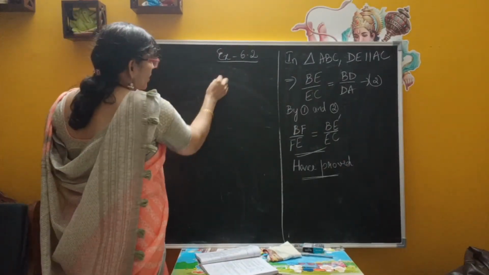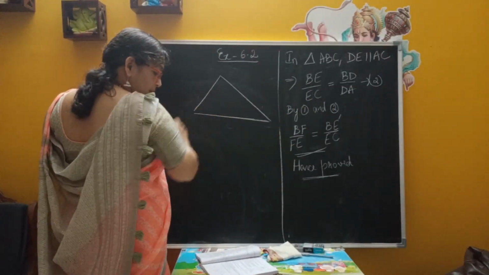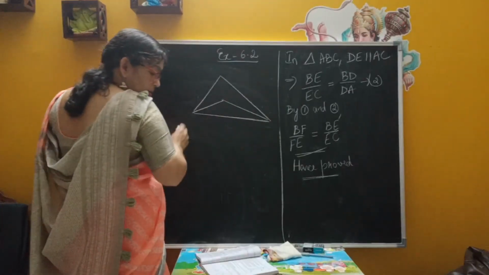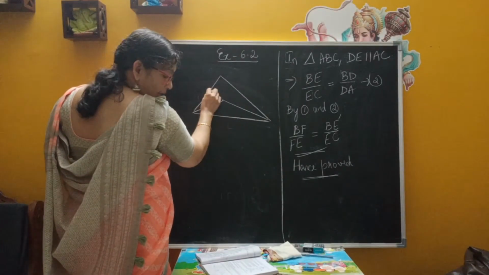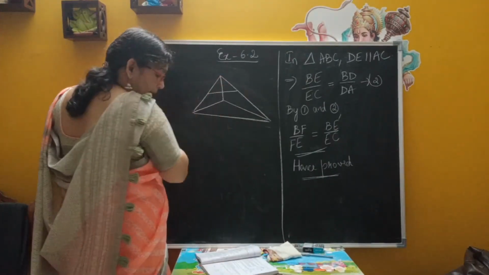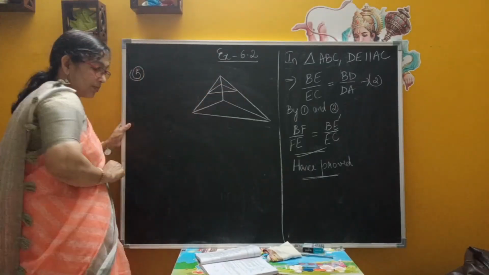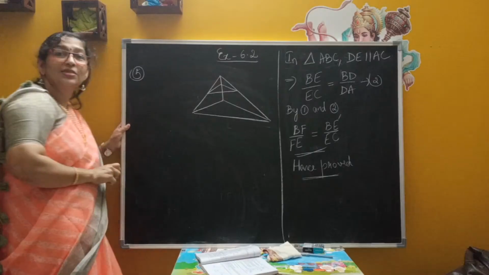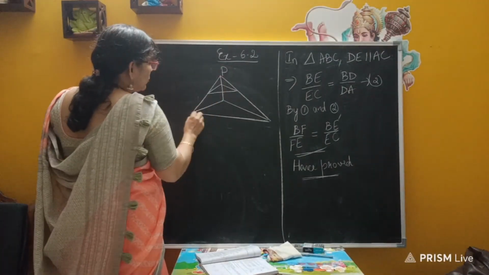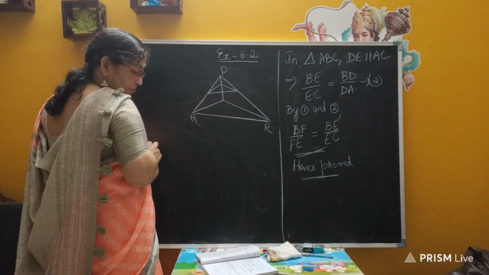It is a triangle and here there is a point, and there is a parallel line. Okay, this is the figure. Looking at the figure it seems very difficult, but this sum is very easy. PQR is a triangle and what is given?